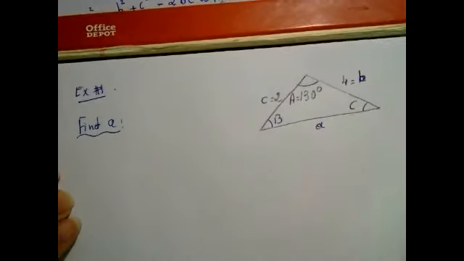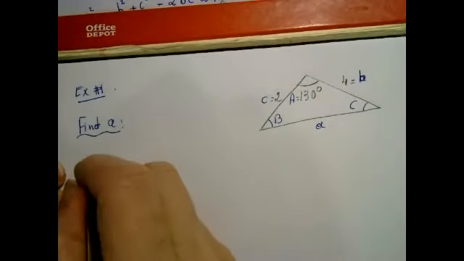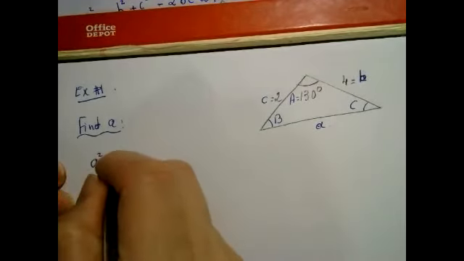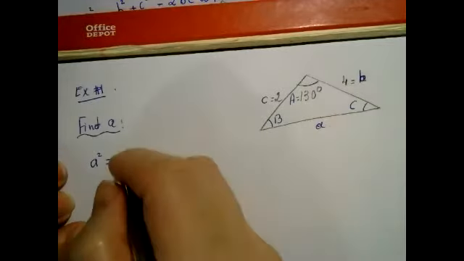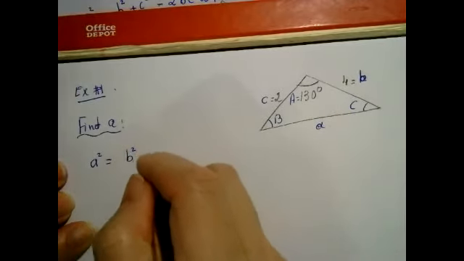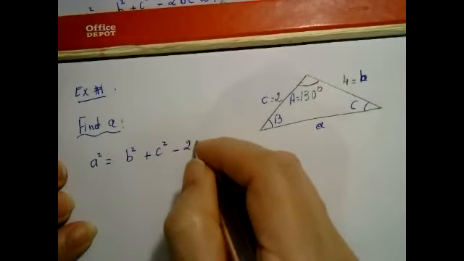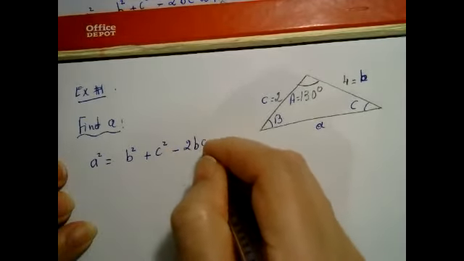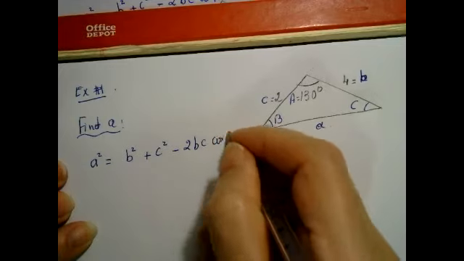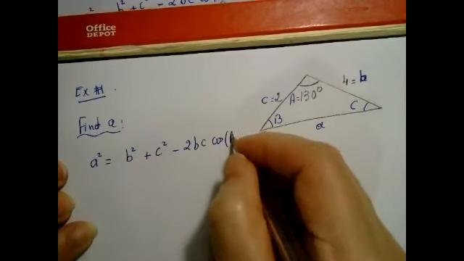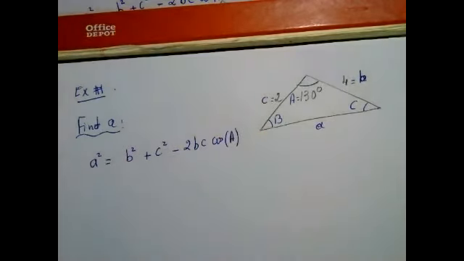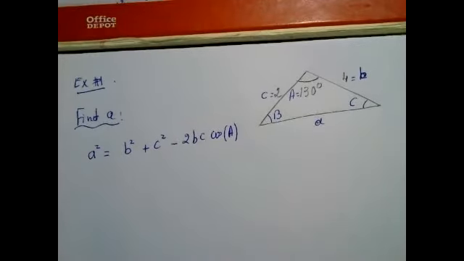The law of cosines tells me a squared is b squared plus c squared minus 2bc times cosine of the angle which is opposite to the side a. That's how we use it.